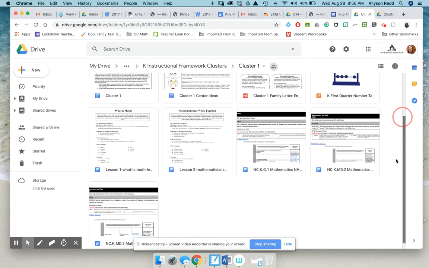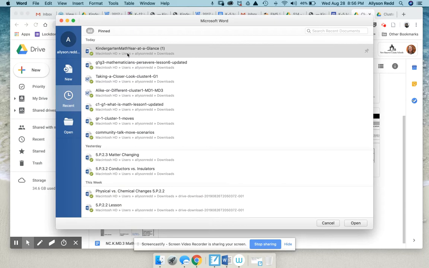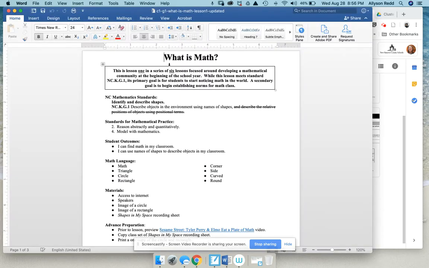They are phenomenal. I recently had lesson 1 up. There it goes. So lesson 1 is the beginning of what is math.